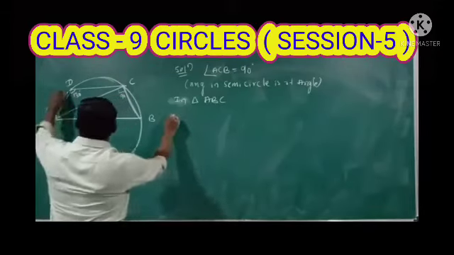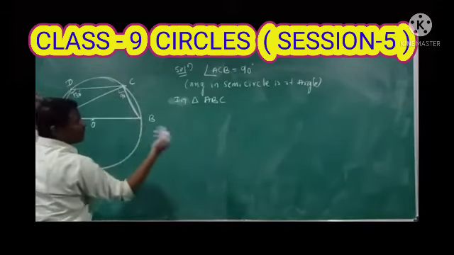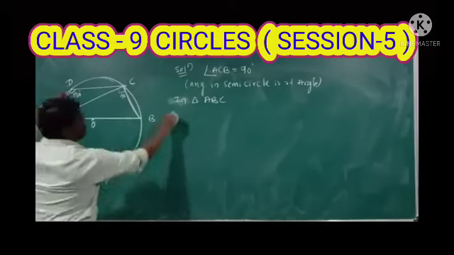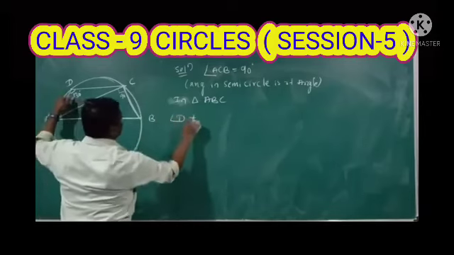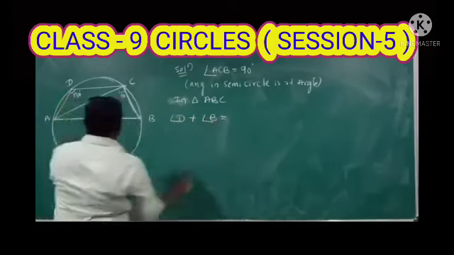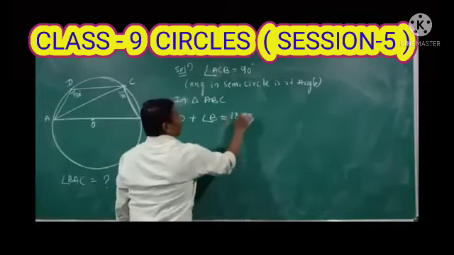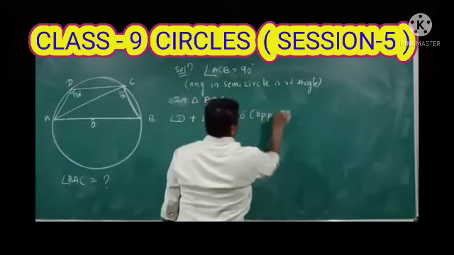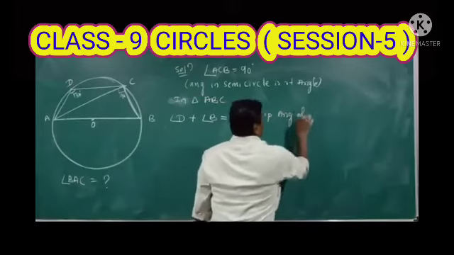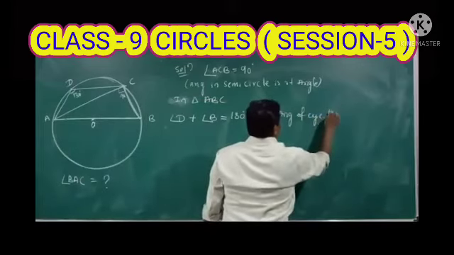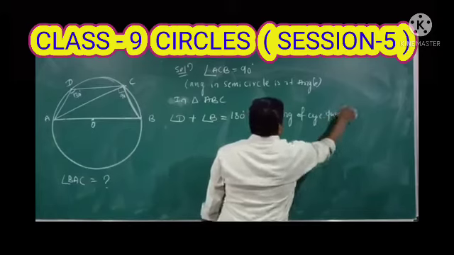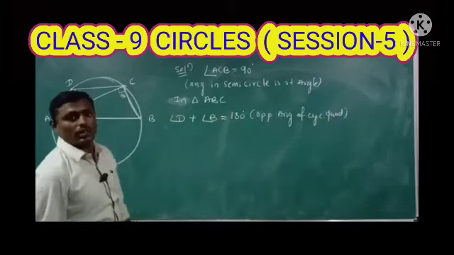So the opposite angles in a cyclic quadrilateral are always supplementary. So angle D plus angle B, where angle B is nothing but angle ABC, is equal to 180 degrees. Opposite angles of a cyclic quadrilateral are always supplementary.